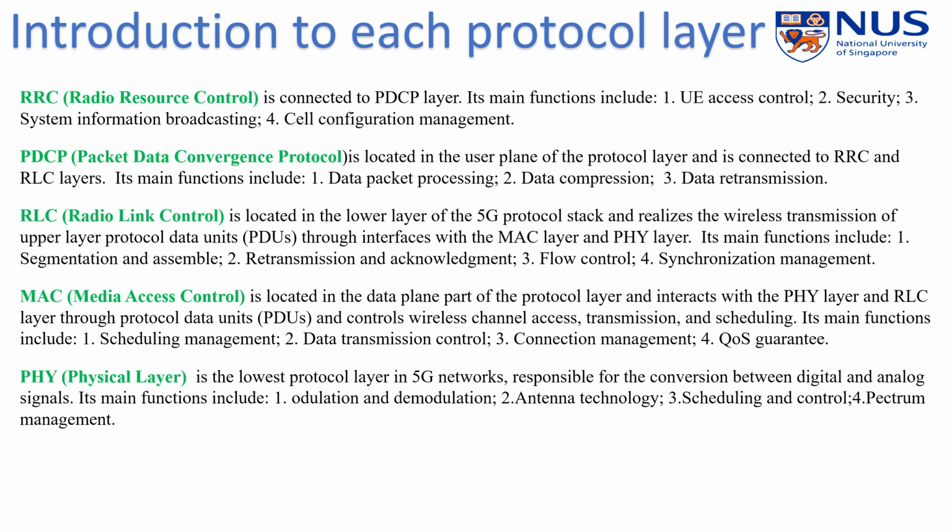The third one is the RLC layer, which is also the radio link control layer. It is located in the lower layer of the 5G protocol stack and realizes the wireless transmission of upper layer protocol data units through interfaces with the MAC layer and physics layer.